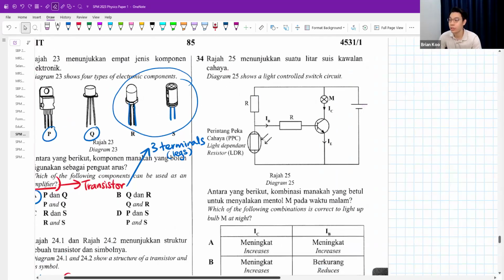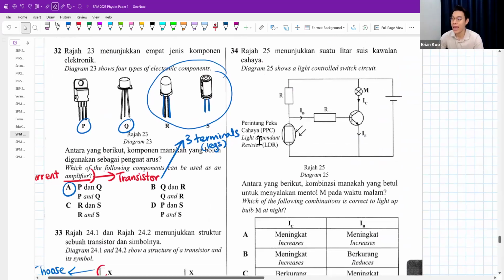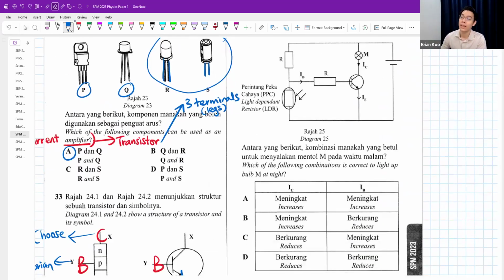Diagram shows a light control switch circuit. Which of the following combinations is correct to light up the bulb at night? Okay. Here's the thing. Lighting up a bulb at night using an LDR, you must remember that if it's nighttime, the LDR resistance will increase.